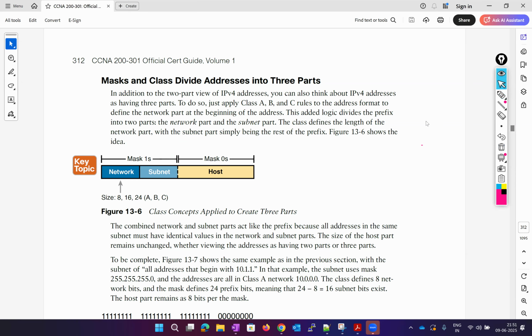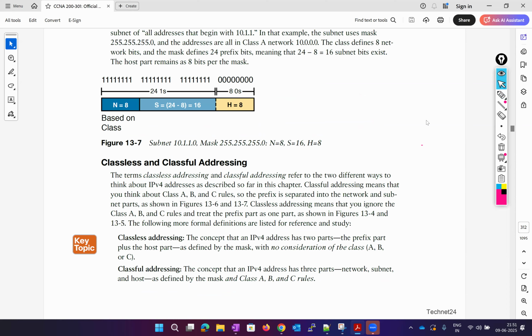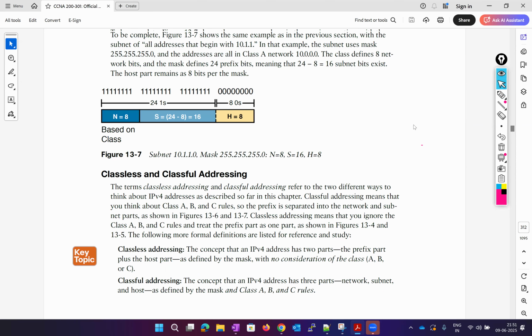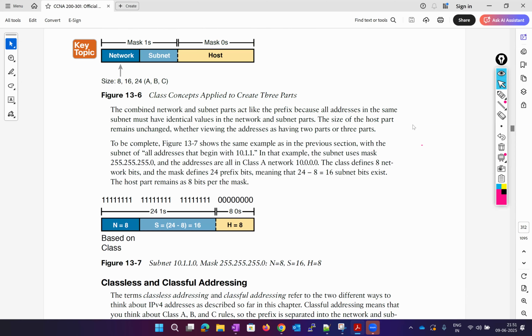Let me again visually show you that part. Over here, the address is 10.1.1.0.